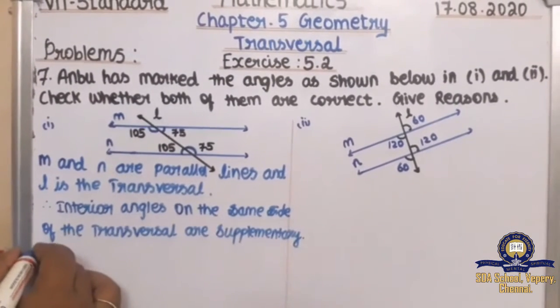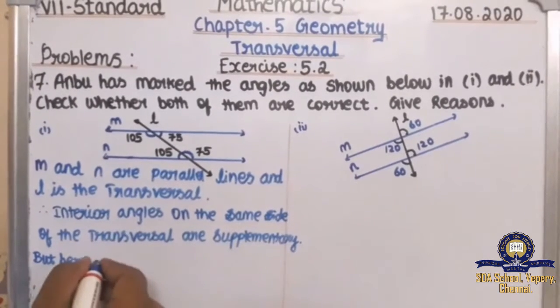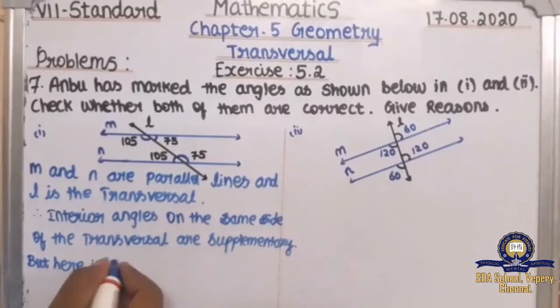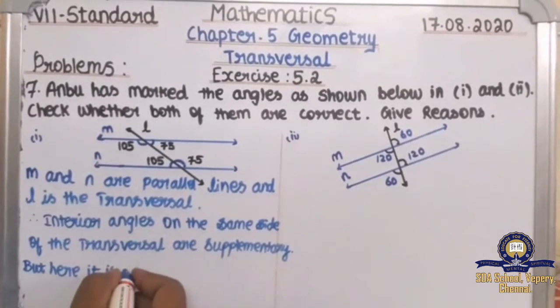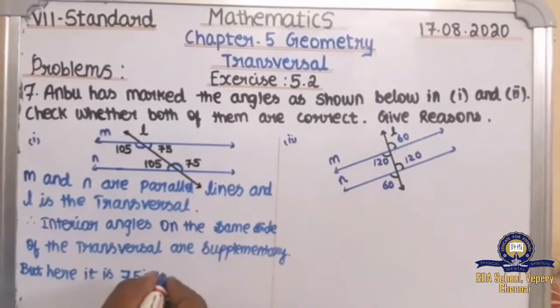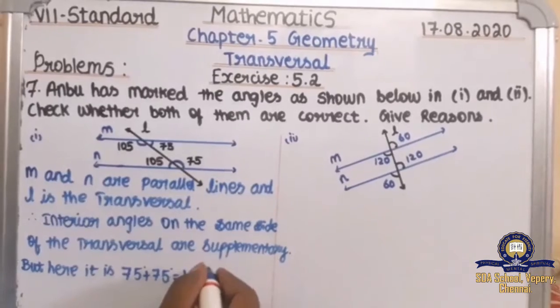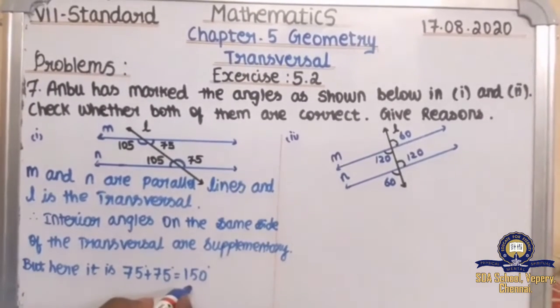But here, what is the one side? 75 degrees plus 75 degrees, we get 150 degrees. Is it equal to 180 degrees?